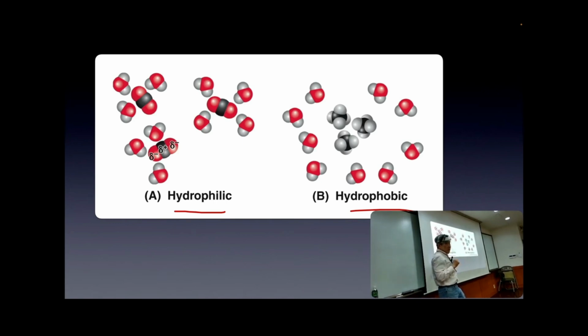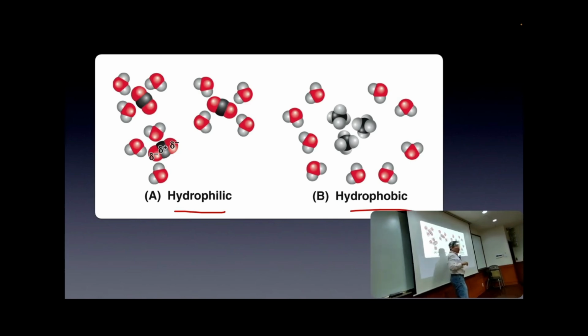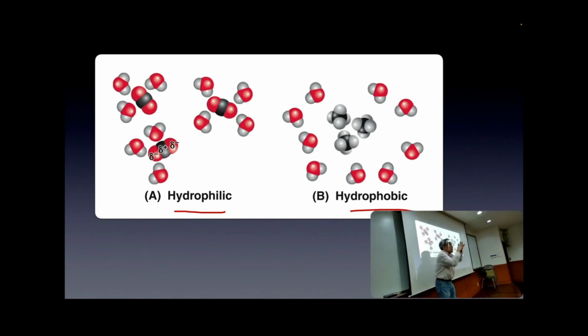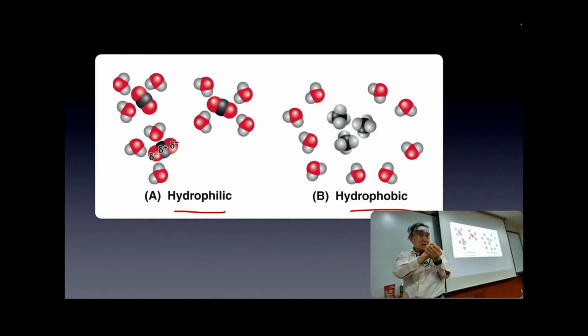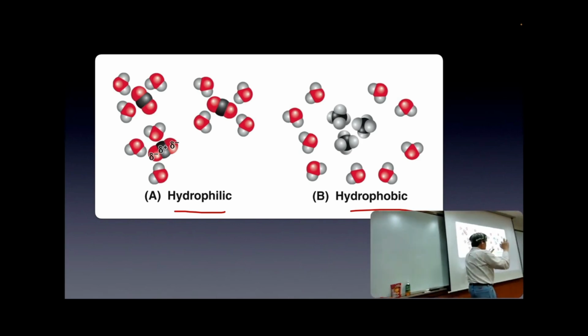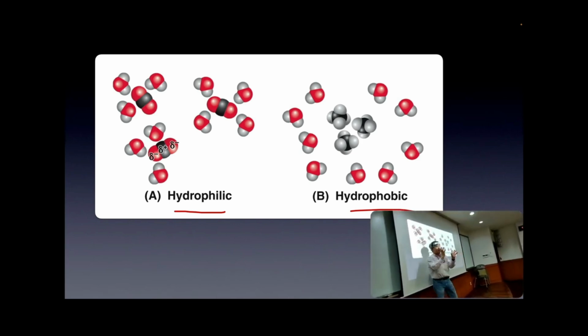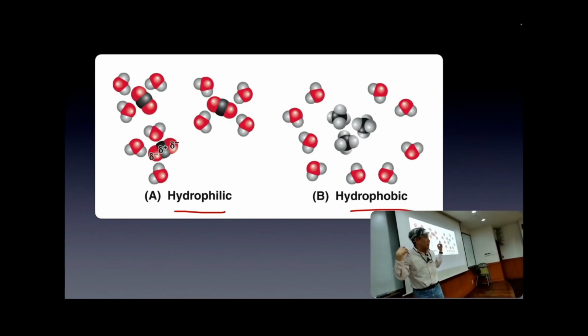Hydrophobic molecules are not going to be dissolved because of this, so they will stick together and have some kind of clumping. And this force, this tendency of clumping together in the water environment, is what we call hydrophobic interaction.